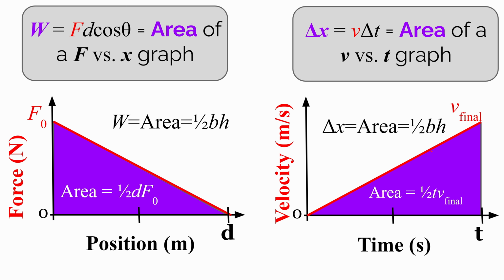Well, displacement is still the product of velocity and time, but if the velocity is not constant, we can't simply multiply two numbers. So we need to make a velocity versus time graph, and the area under that graph will be the product of velocity times time, which is displacement. That's why on a velocity graph, the area represents the change in position, or displacement, of the object.